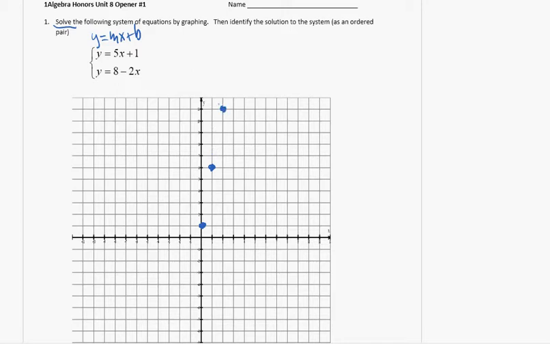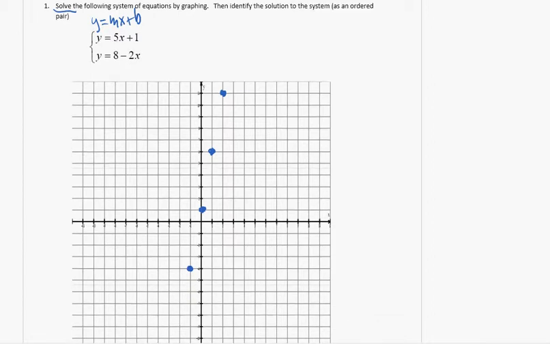And I can go the other direction too. I can go down 5 over 1. And I think I can fit one more point over 1 there. Oh, I can barely fit that point. Maybe I can't even fit that point. Let's see. 1, 2, 3, 4, 5, 1. All right. So here's our first line.